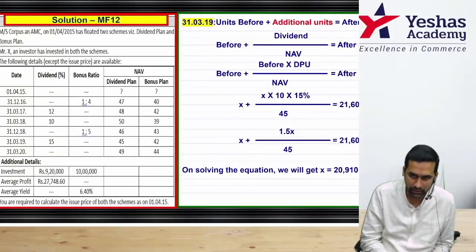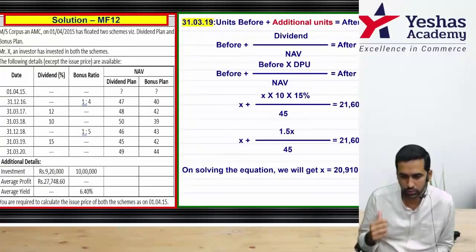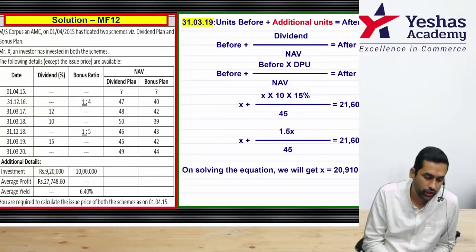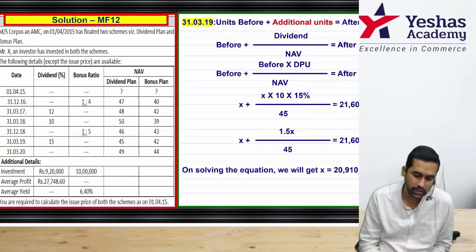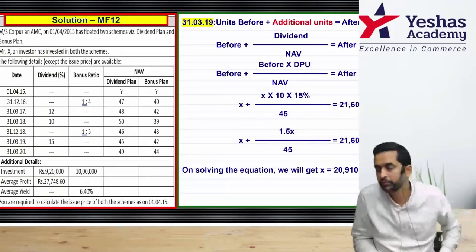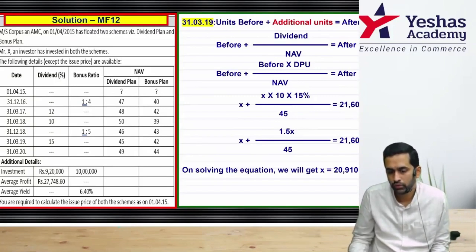Dates are very important. Starting from the bottom. So, 31/3/2019: units held before plus additional units is equal to units after.